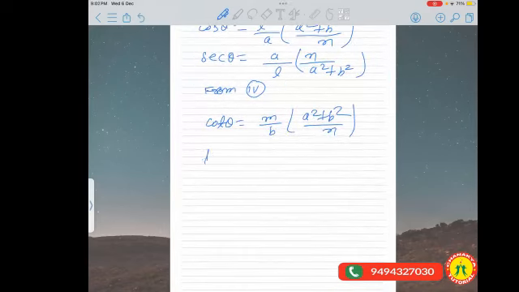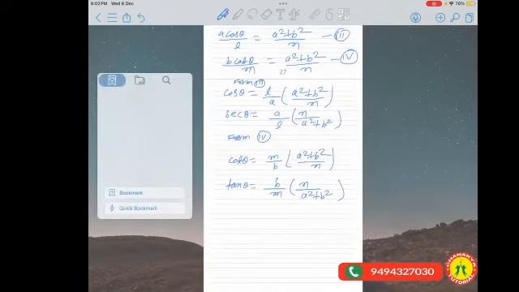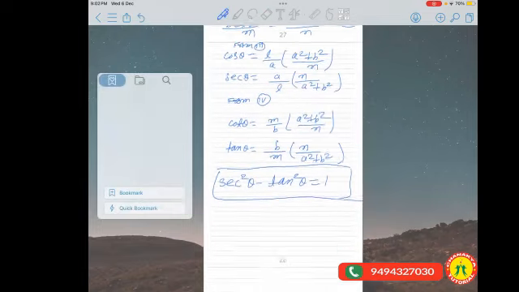So tan theta is equal to b by m times n by (a square plus b square). So now apply the sec square theta identity. Sec square theta minus tan square theta is equal to 1. This identity. Put the value, get the answer.